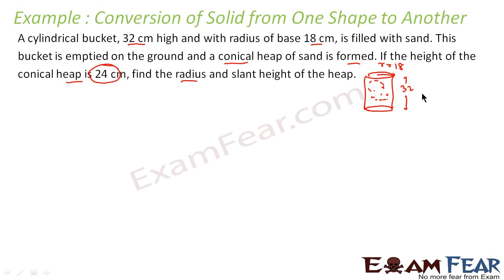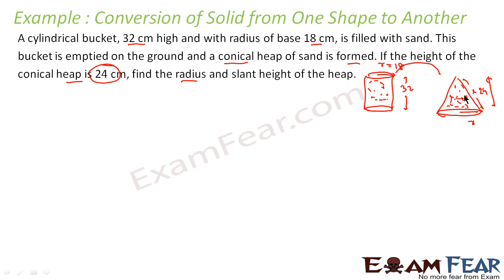So when you empty this sand, it creates this conical shape of sand heap. Correct? For this, the height is given, that is 24 centimeters. We have to find the radius, and once we can find the radius, we can find the slant height also. It's not a big deal.